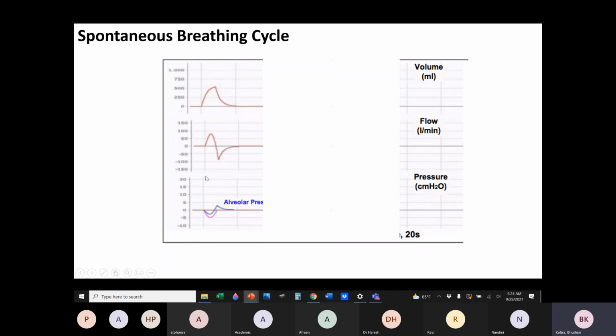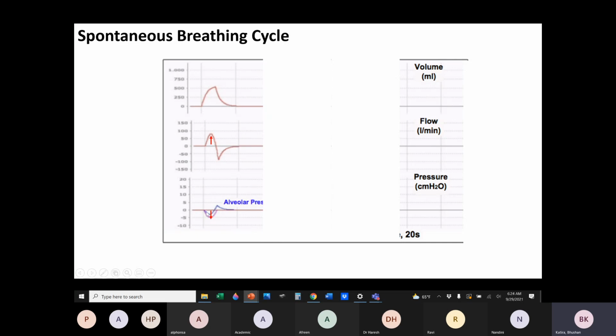This pressure gradient will increase the flow, right? Because there is a pressure drop in the alveoli. The blue line is the alveolar pressure. As the muscle pulls down and it becomes negative, the pleural pressure becomes negative. The alveolar pressure initially becomes negative.